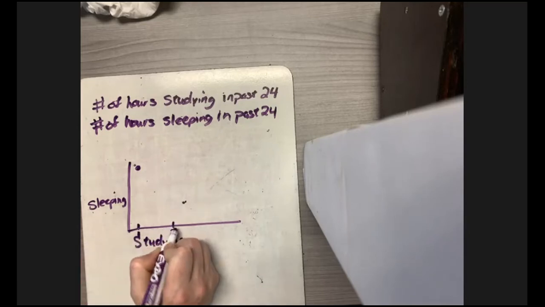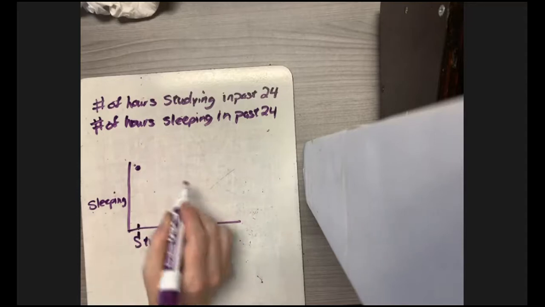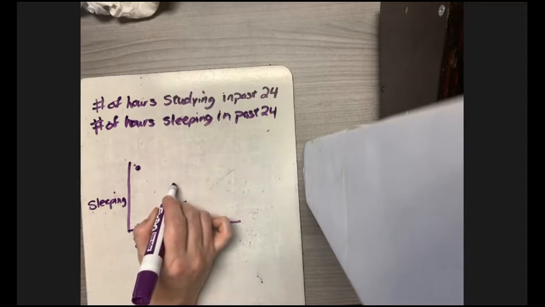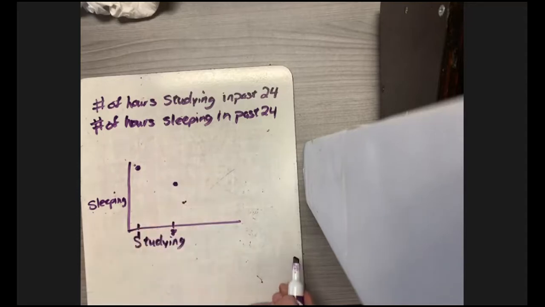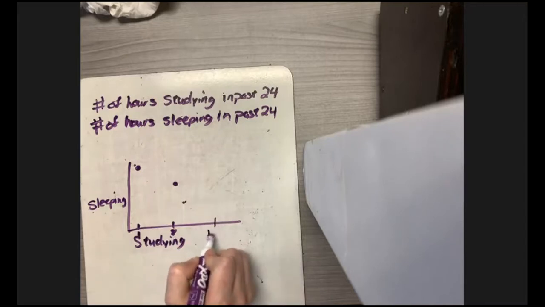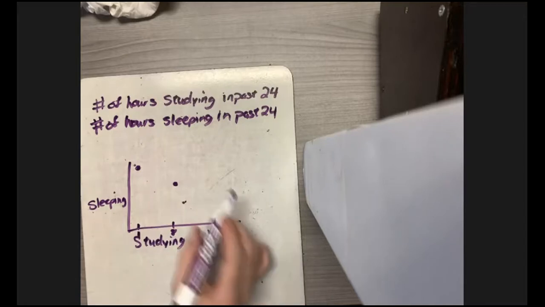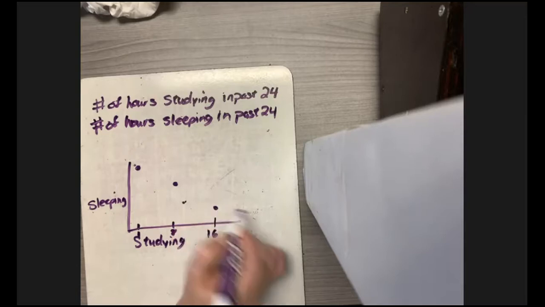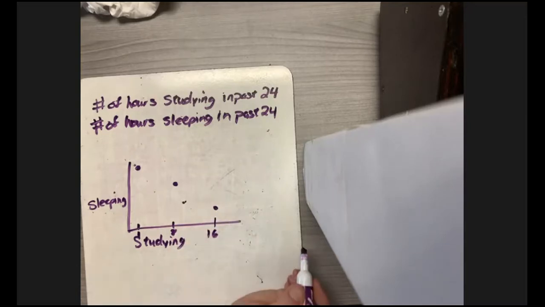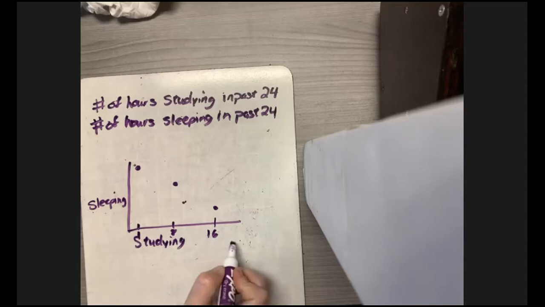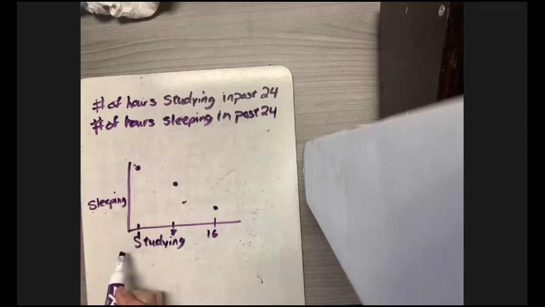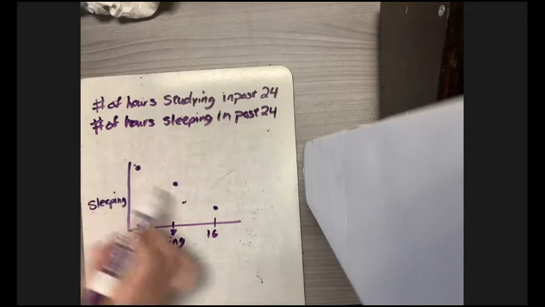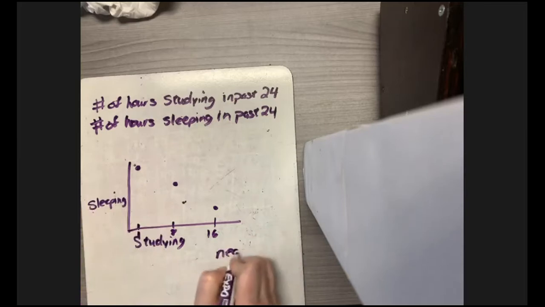Whereas if I spent 8 hours studying, I would have less time to sleep. If I spent 16 hours studying, I would have even less time. So the concept here is that the more I study, the fewer hours are available to sleep. This would be negatively associated.